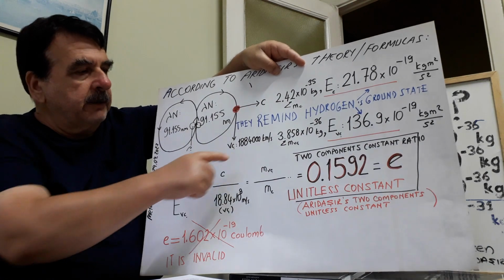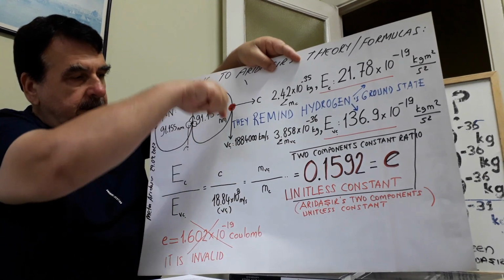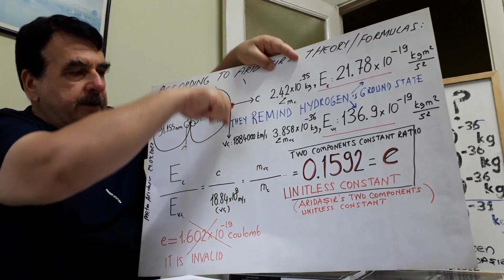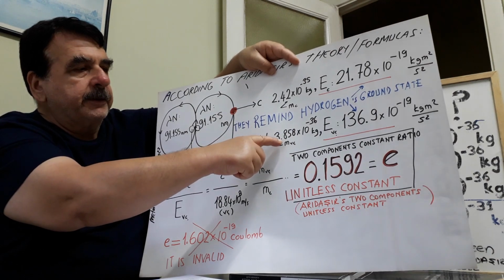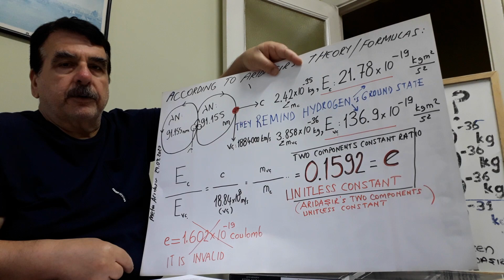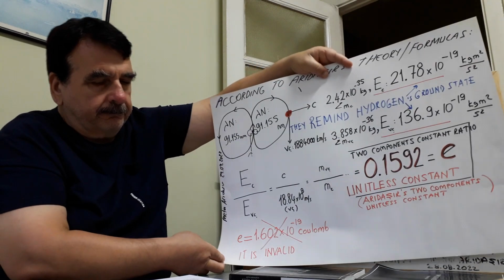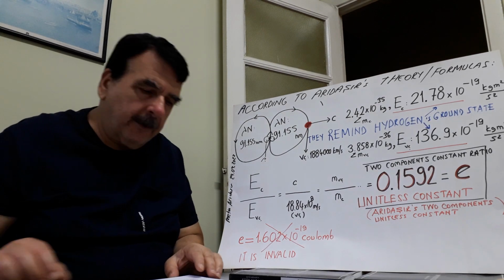Linear velocity: 1,884,000 km per second. Linear velocity component mass is 3.85 10 to the minus 36 kilogram.